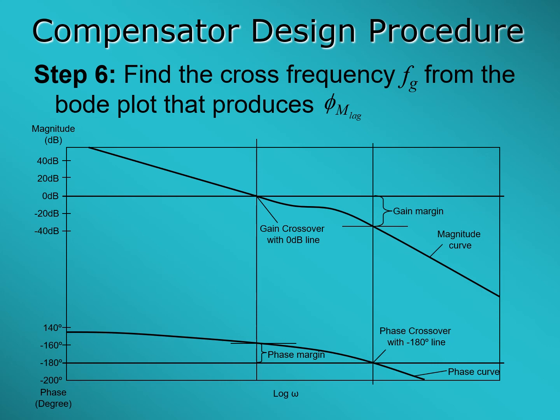From this Bode diagram, there is a phi m lag, which you already know from the previous step. Then from this phi m lag, you can project a line to the x-axis, which is the frequency, to find Fg.